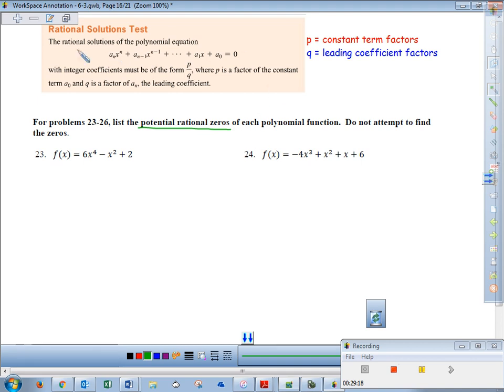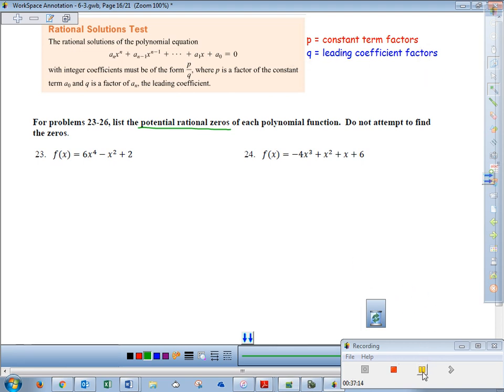So what happens is this cool little test says you've got to know what P and Q are. You might want to write this down. P is the constant term factors. So above these problems, just say P equals the constant term's factors. And Q is the leading coefficient factors.